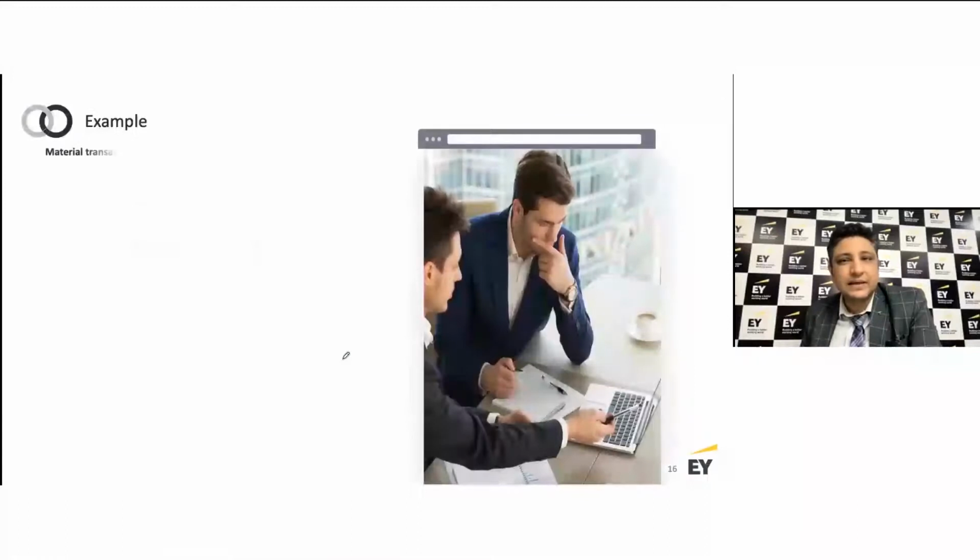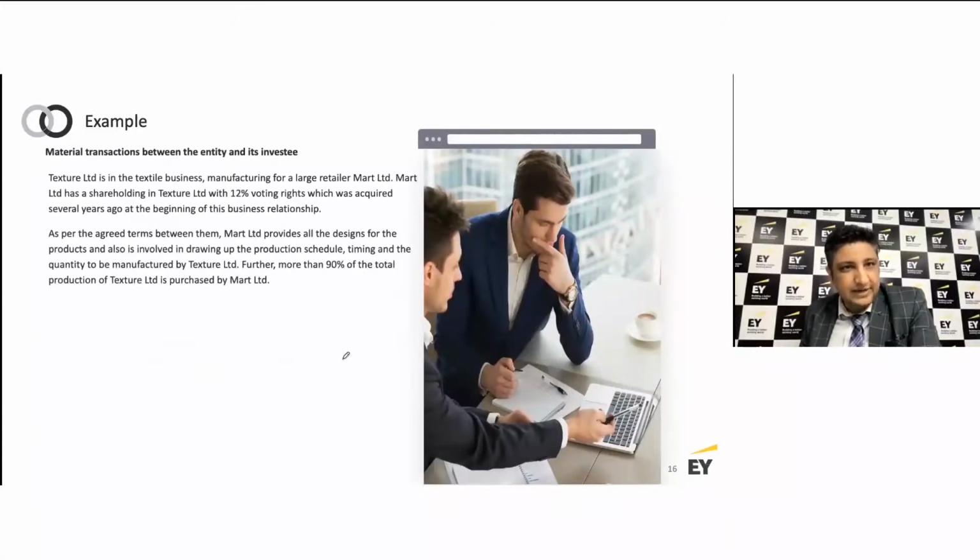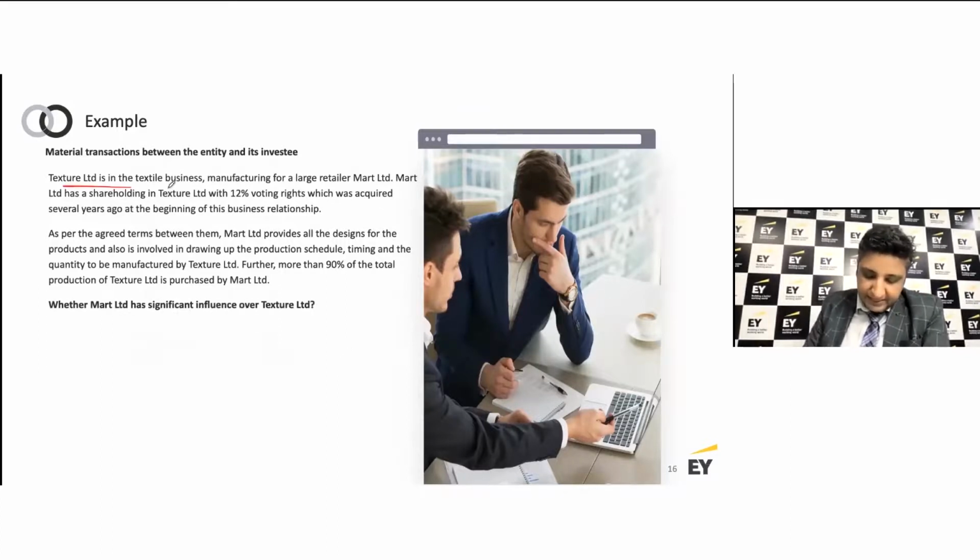Okay. There is yet another scenario. It demonstrates how you assess material transactions. It says that Texture Limited is in the textile business, manufacturing for a large retailer, Mart Limited. Mart Limited has a shareholding in Texture Limited with 12% voting rights, which was acquired several years ago at the start of this relationship.